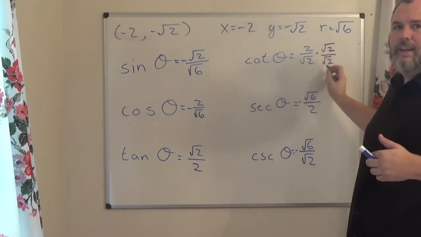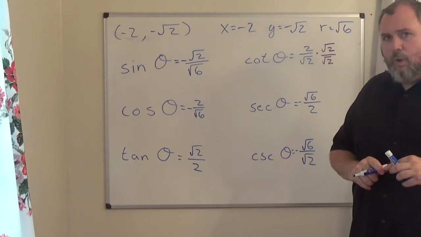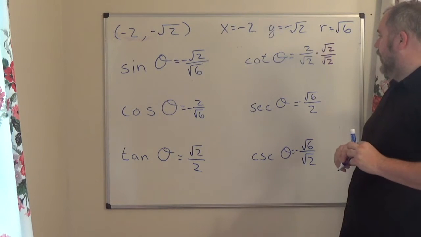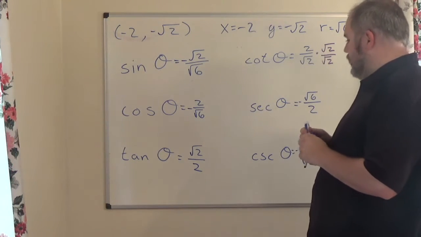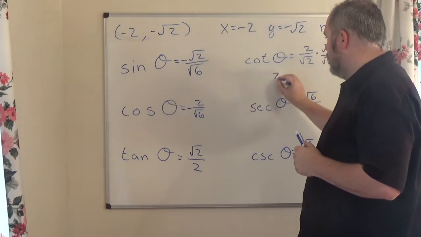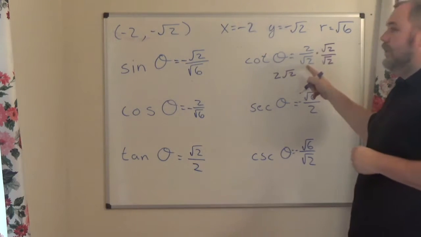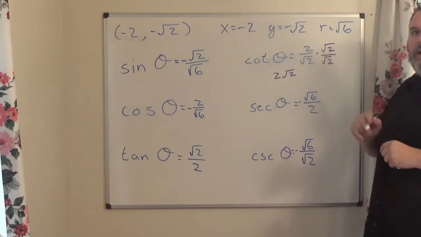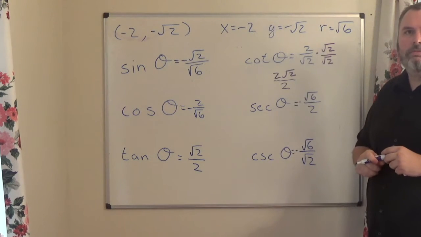In order to do that, I have to also have the numerator here. So when we multiply this out, 2 times the square root of 2 is 2 times the square root of 2. That's easy enough. And then if we multiply the square root of 2 times the square root of 2, we get just 2.